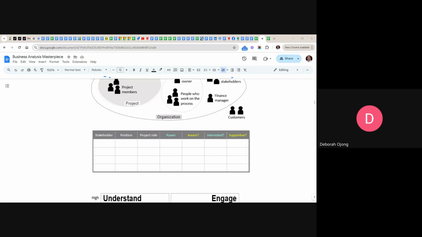Can you come again? I went to pick something, sorry. So you are not following what we are doing. Can you people see? You see, just because we are many here, I would prefer everybody put on your camera. Because some people will just be there without participating. You see?